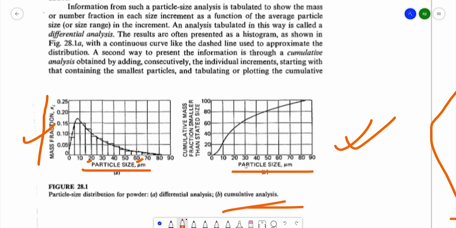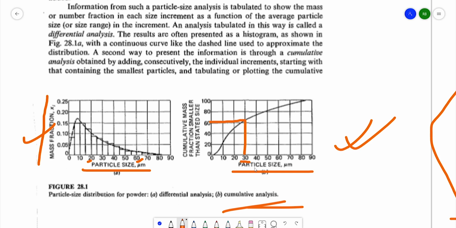This means if I want to find the mass fraction of the particles having size 30, you cannot say that the mass fraction of the particles having size 30 micrometer is 60%. No, that is wrong.